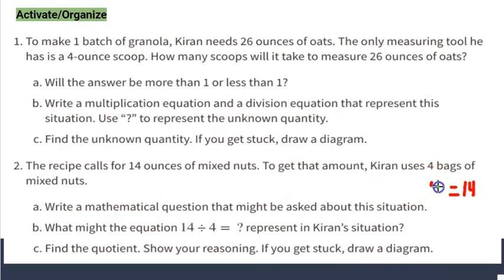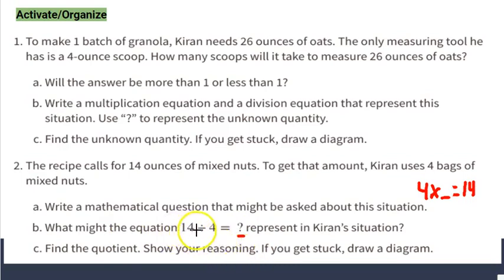We know that we're going to use 4 bags. And actually, I've got this backwards. We got 4 bags times however much is in each bag is going to give us 14, right? What's this question mark representing?